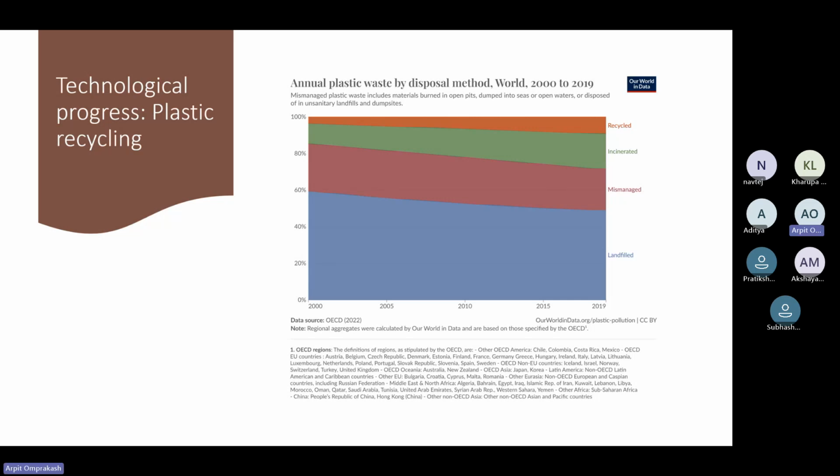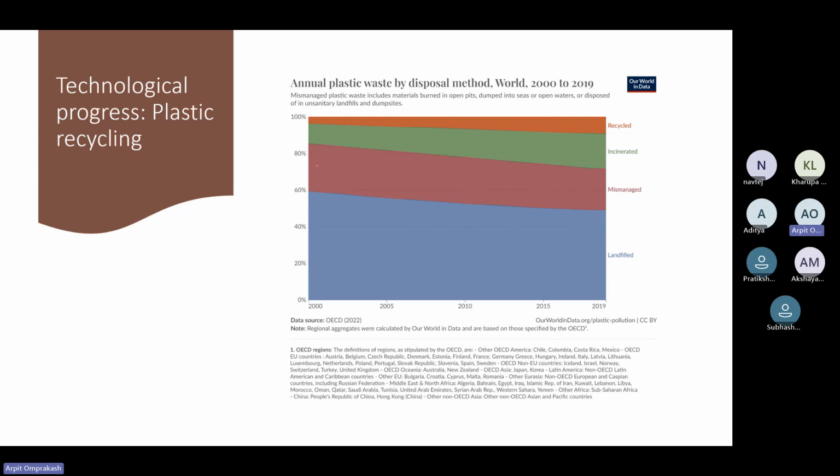When you take a plastic bag or a plastic bottle, eventually after you're done with it, what happens to it? In 2000, almost 60% of these plastics would go into a landfill. Basically, it's a hole in the ground. They drop plastics there and cover up the hole.